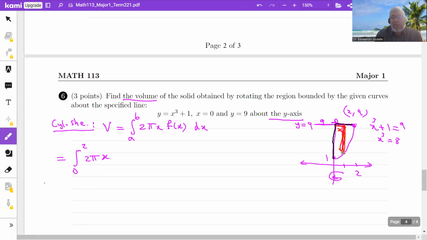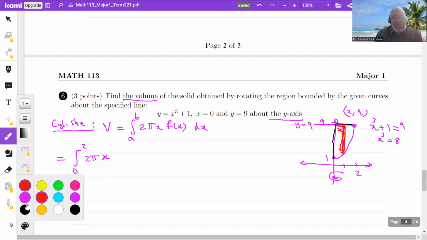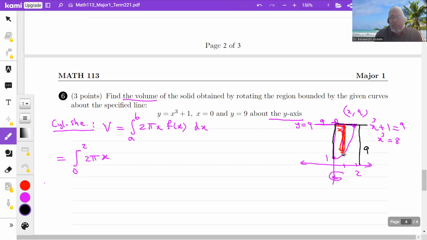Okay, well, this is y equals 9. So from here to here, it's 9. And from here to here, it's y, because this is the point (x, y). So this is x again, and this is y.